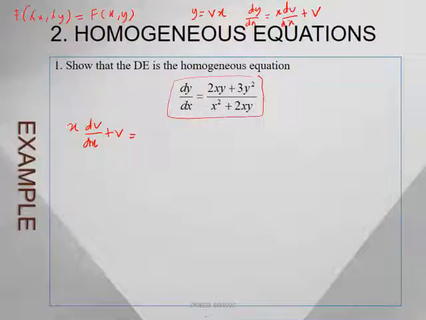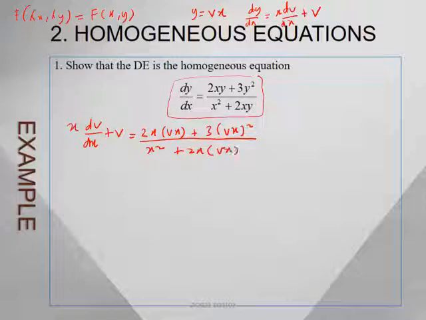And then for 2xy, you should substitute y with vx, so it will be 2x times vx plus 3 vx squared, divided by x squared plus 2x times vx. As you can see here, y is substituted with vx, y squared becomes v squared x squared, and the other y becomes vx. That's how we do it.